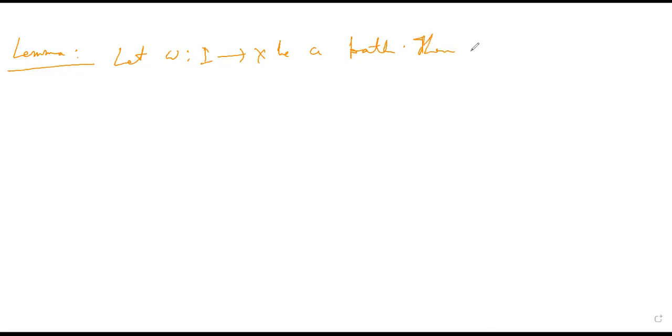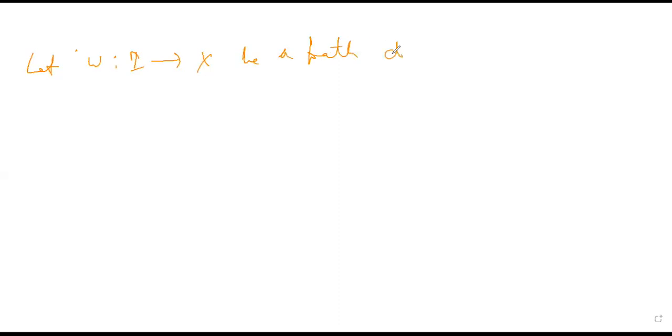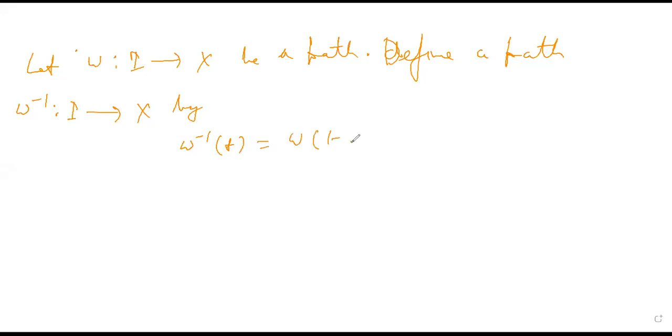Before that, let me define: let omega from I to x be a path. Define a path omega inverse from I to x by omega inverse of t equal to omega of 1 minus t, right?